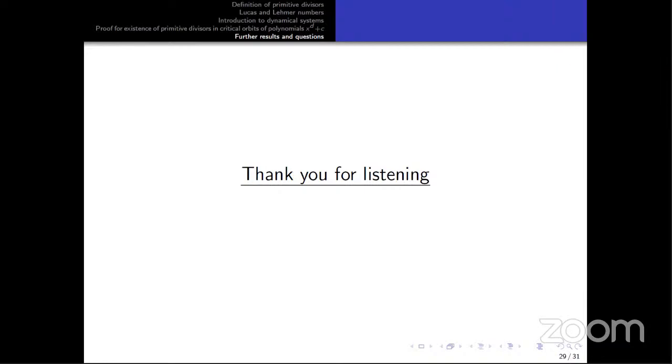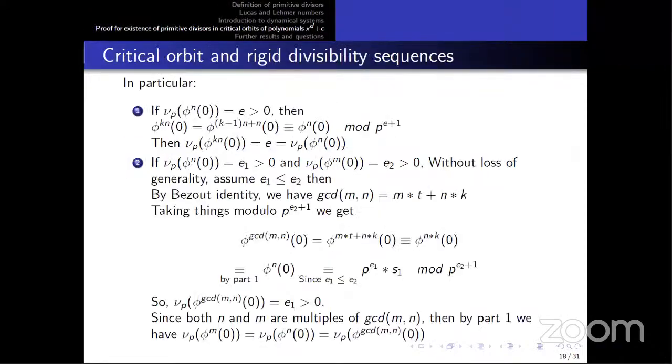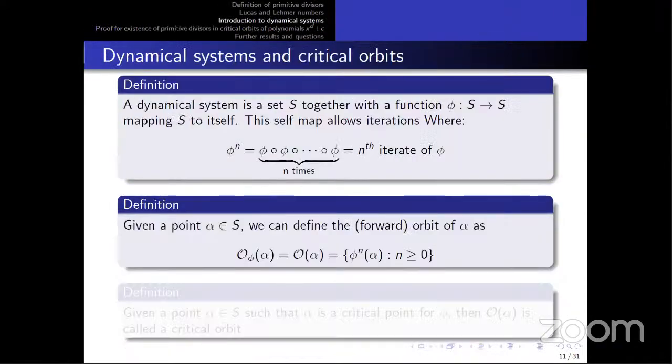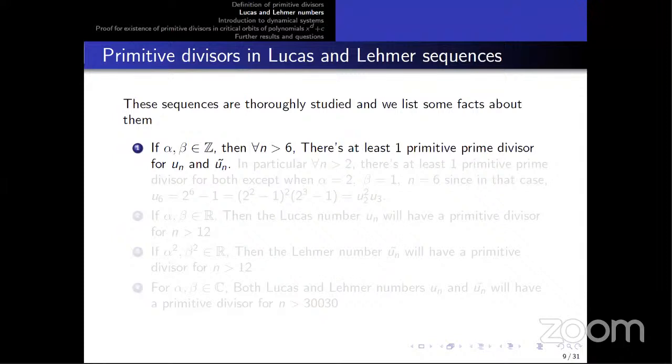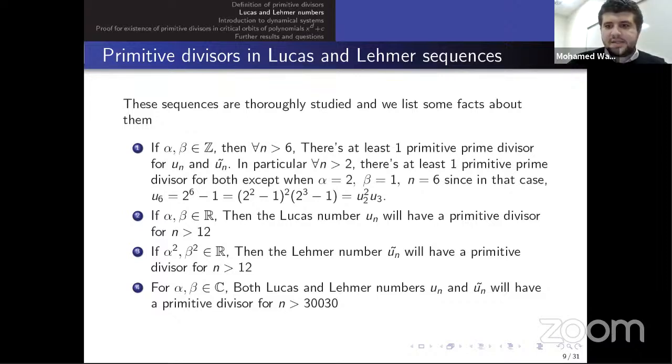Can you go back to the slide with the numbers? I think you stated some odd number, like 30,000 something, for the primitive prime divisors. Do you know how they get to this number? I have the reference. Actually, I can send it to you.